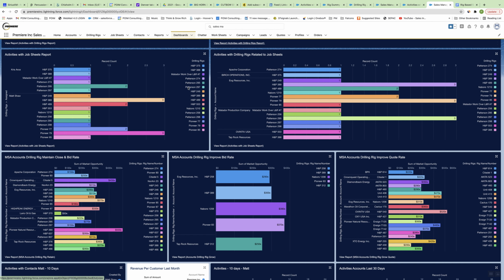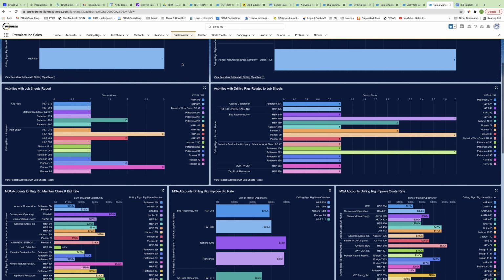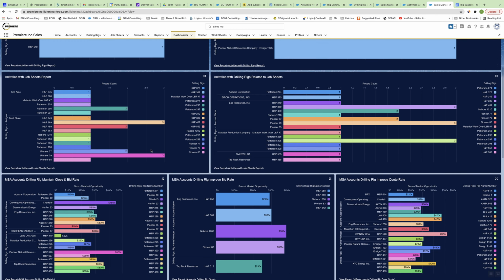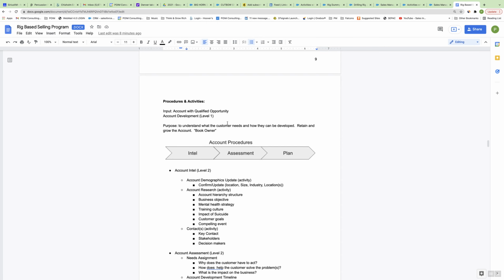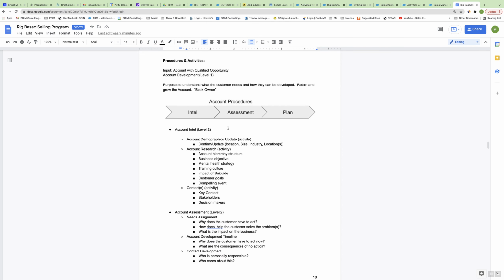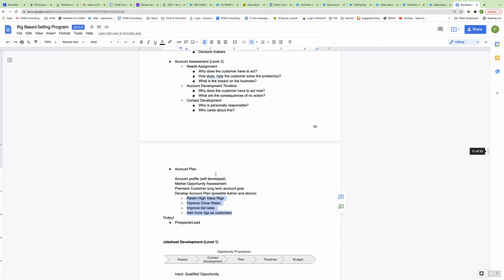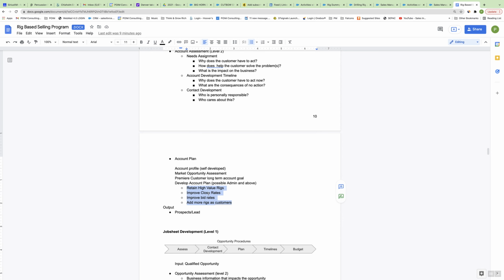I know this is kind of looking around a little bit, but we start to formulate the objective of our activity reporting based on our objective as it relates to our account plan. The account plan objectives: retain, improve close rate, improve bid rates, add more customer rigs. So it really starts to drive behavior behind our activities.